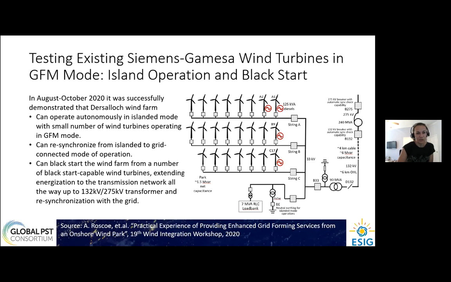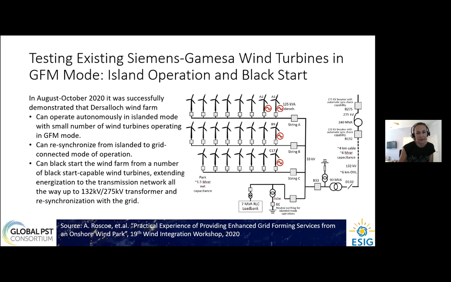Initially turbines were just tested to power up auxiliaries within the wind farm, but then they also connected a 7 MVA load bank and tested it, picking up a small load connected to the wind farm. These tests were all successful. Then for the black start test, they equipped 4 wind turbines with small diesel generators.